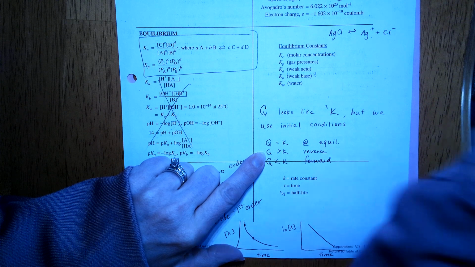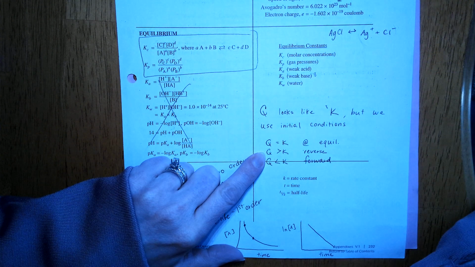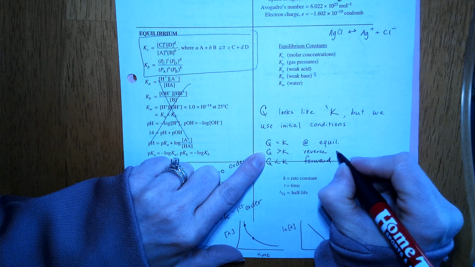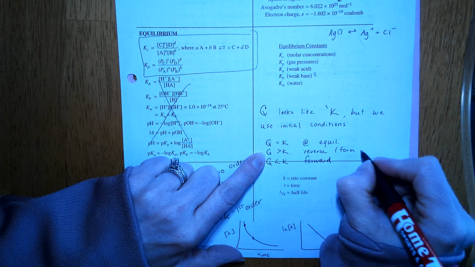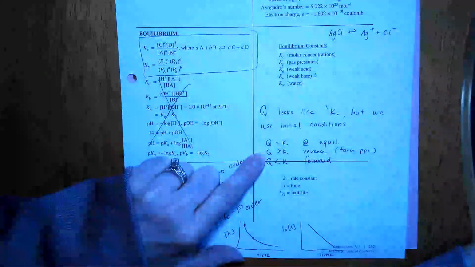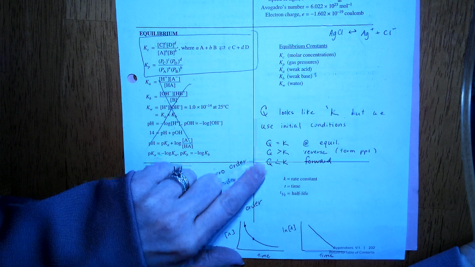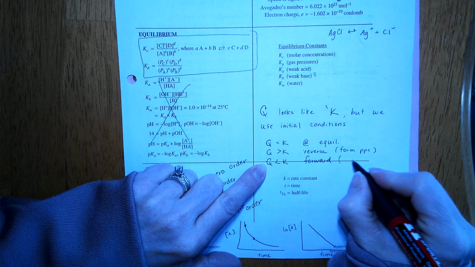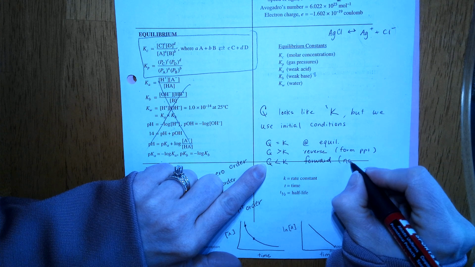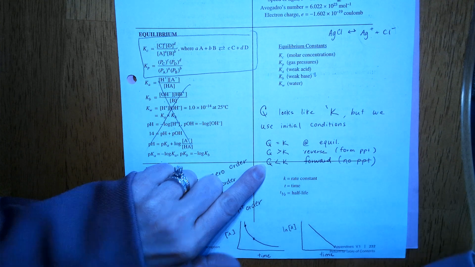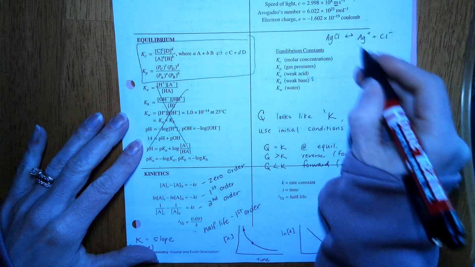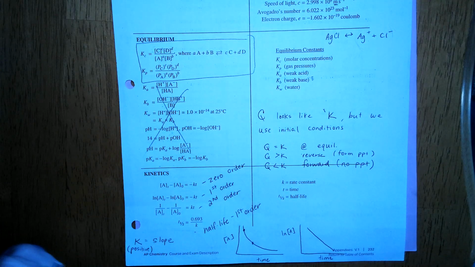Well, now if Q is too big, we've got too many ions in the solution, and in order to reduce the number of ions, I'm going to form a precipitate. If they're asking about KSPs and some of that stuff. If Q is too small, well, then we don't have enough ions for a precipitate. We'd say no precipitate. And in fact, we would probably be forming more ions in order to get Q to a point where it equals K.